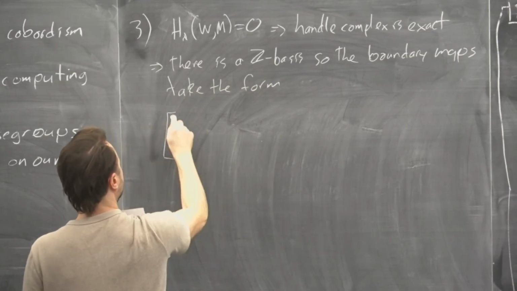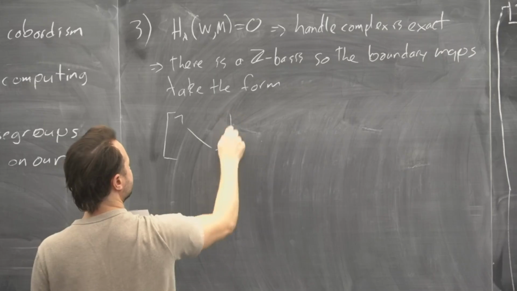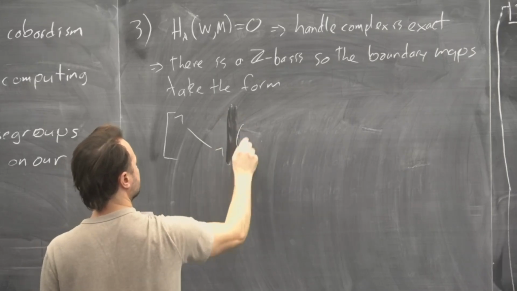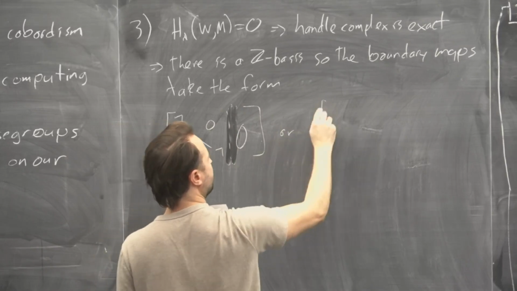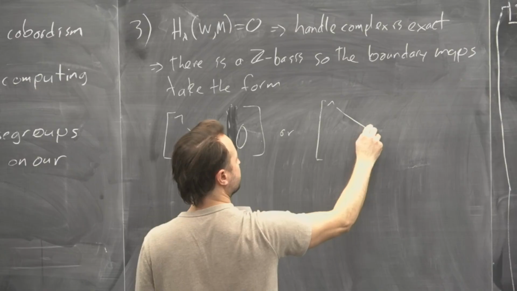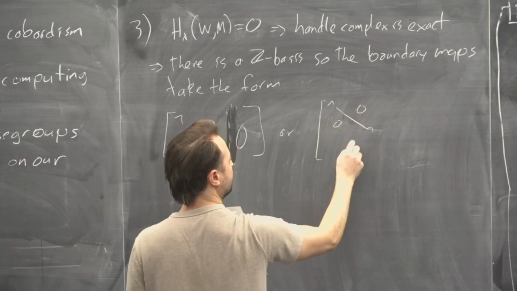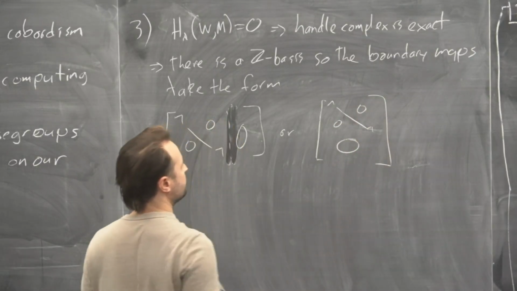Either you have a bunch of 1s there, followed by a bunch of 0s, or you have a rectangular matrix that's full rank on top, and a bunch of 0s underneath.